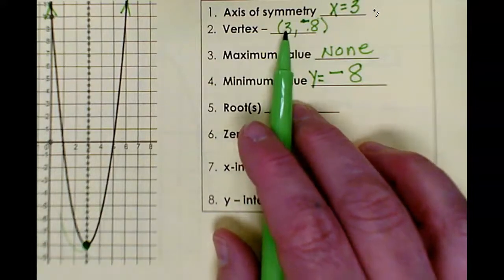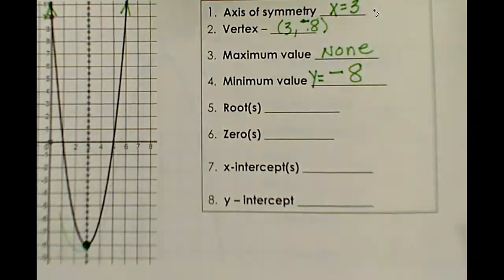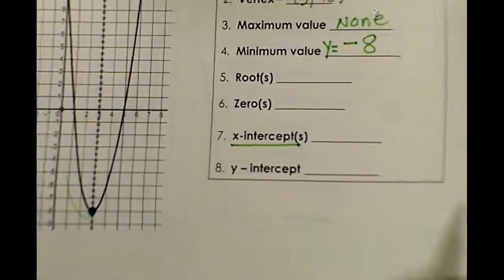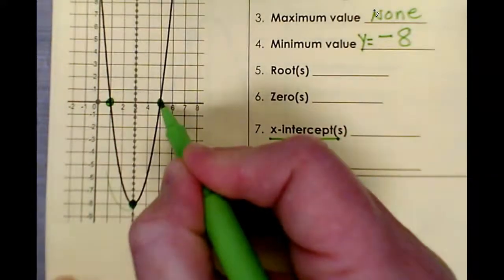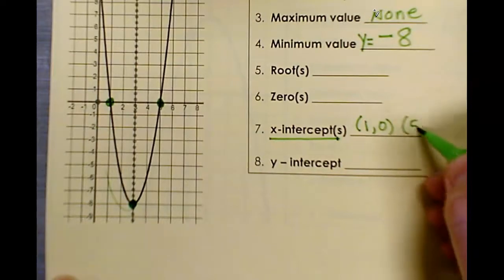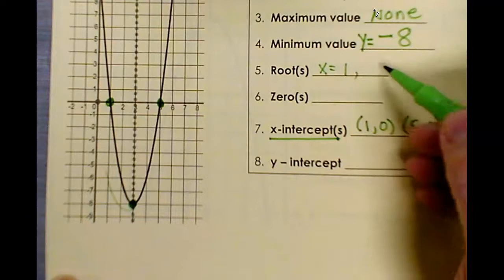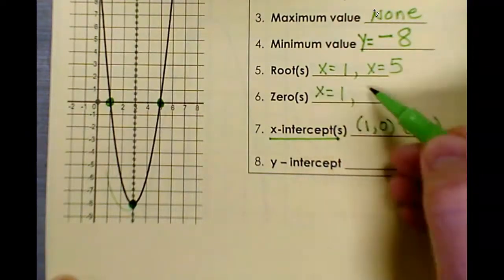That's where you get the number for the x equals 3 axis of symmetry. What are the x-intercepts? Can you tell? And the roots are the same number, just written with the equal sign instead of in the point form.